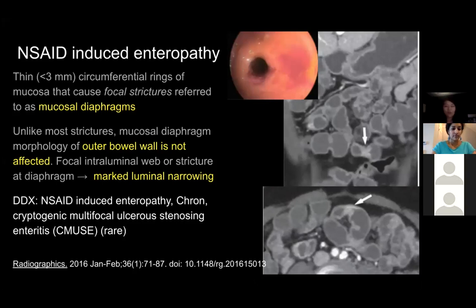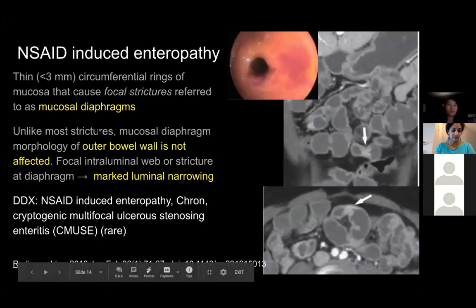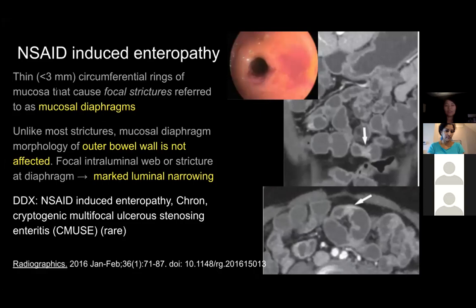We know about gastritis and duodenitis, but they can cause focal strictures, and they call these strictures mucosal diaphragms. They're thin, less than 3 millimeters, circumferential narrowing, a little waist. And unlike Crohn's strictures, for example, mucosal diaphragms don't distort the outer bowel wall, but they can lead to luminal narrowing.